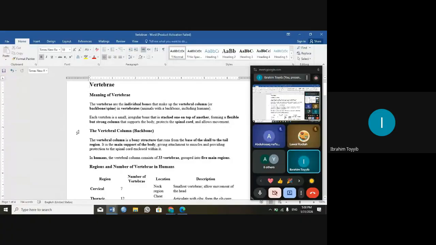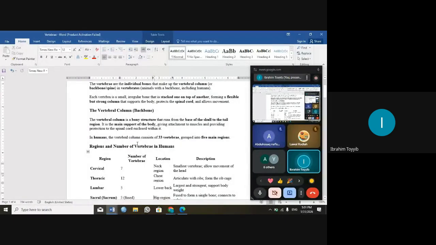The vertebral column, I told you, is also called the spinal cord and backbone. In humans, we have 33 vertebrae. So the vertebral column consists of what? 33 vertebrae. And these vertebrae are bones that make up the vertebral column.